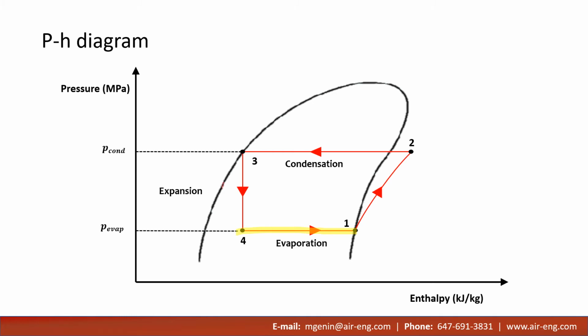During the time through the evaporator, pressure is theoretically constant, although in reality there is some pressure drop that exists through the evaporator as the refrigerant flows through the passages in the heat exchanger. The cooling load is the heat absorbed, or the horizontal distance from point 1 to point 4, multiplied by the rate of flow for the refrigerant.